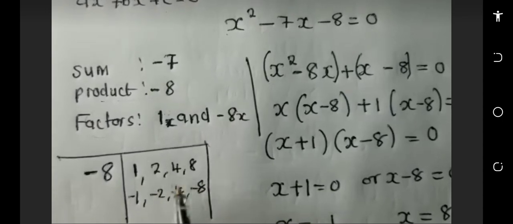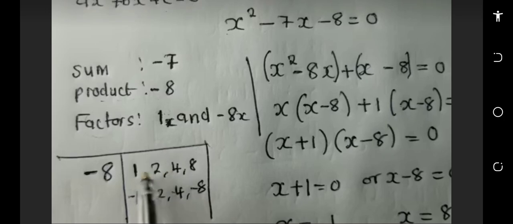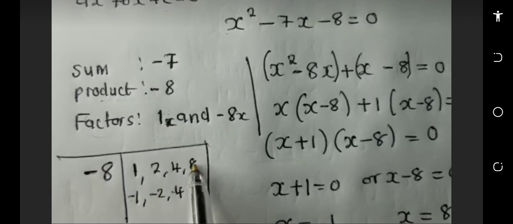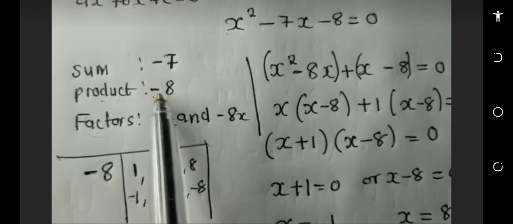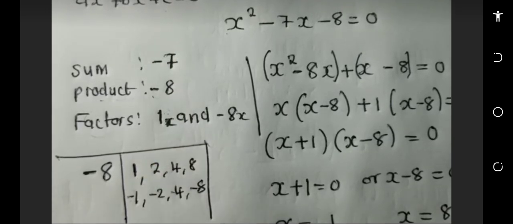So these are the numbers that can go into negative 8 without leaving any remainder. So just start trying them. This times this, or 1 times negative 8, or negative 1 times 8. You work with these numbers. So pick two, try them. You multiply. If they give you this, you try to add them. If they give you this, you are good to go. Just like that. Thank you.